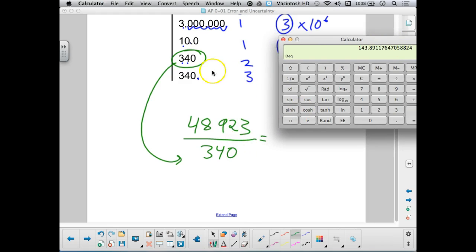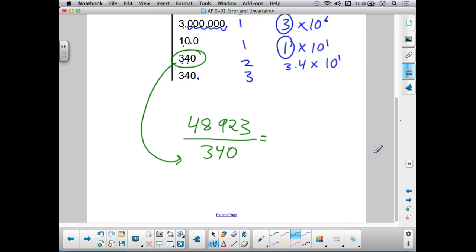Our least significant value is 340, and that only has 2 significant figures. So the best we can do is 2 significant figures. We only know this value to the first 2, 140.